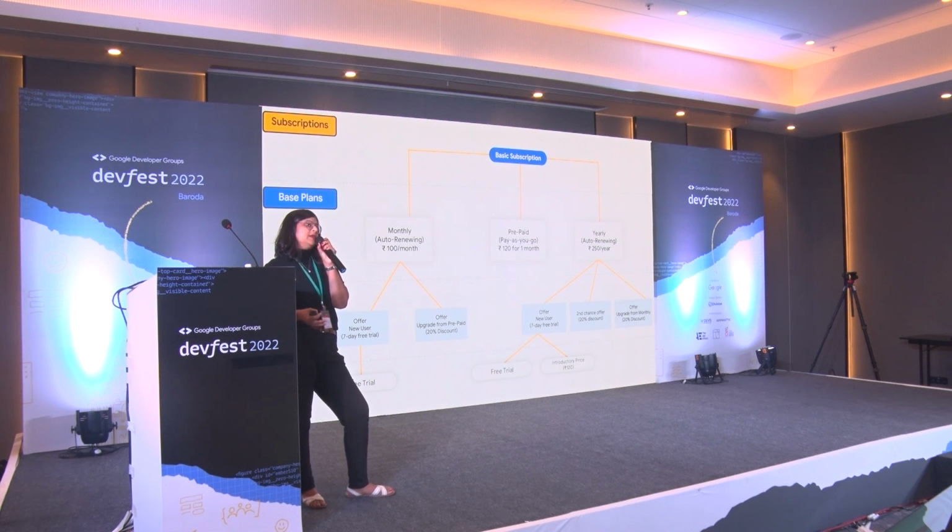After that introductory price has also been exhausted, your user gets a complete grasp of what your application is, gets used to it, and then you are sure that, after exhausting all these pricing phases, your users are now ready to use your app at the base price associated with the base plans.